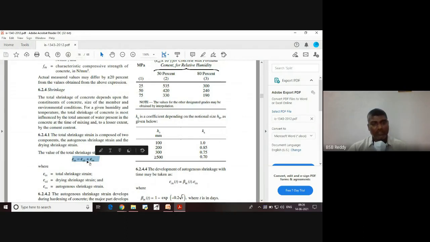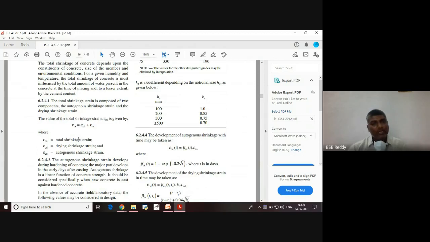This we have discussed in properties of concrete, high strength concrete in unit 1 of your syllabus. In unit 1 we have talked about how to calculate these shrinkage strains, where you have two subcategories in the total shrinkage strain: one is drying shrinkage, another one is autogenous shrinkage strain. Okay, so this is about the shrinkage calculation.